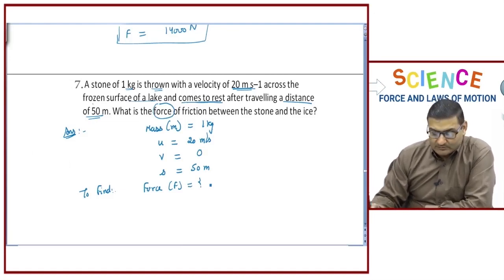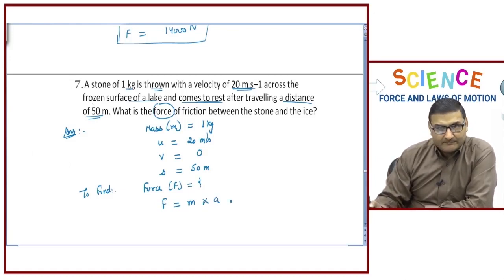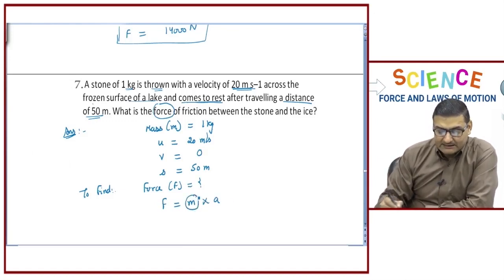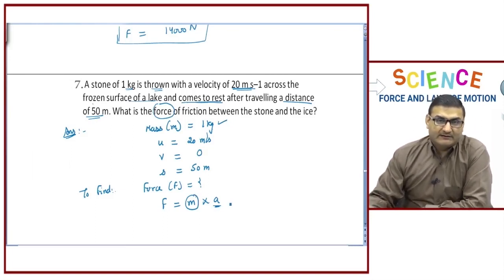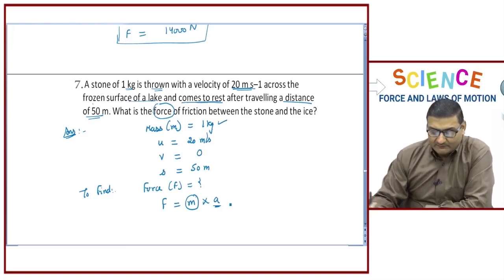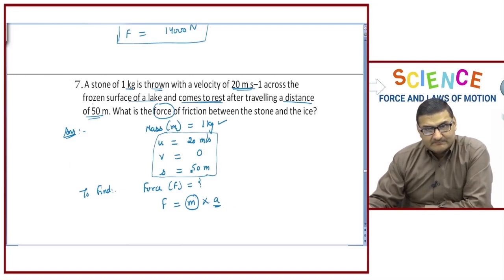Now to calculate force, we know the formula F = m × a. This m, that is the mass, is given to us in the question, but what about a? a is not given. So we need to find out the value of a first, and for finding that we are provided with this information u, v and s, right?